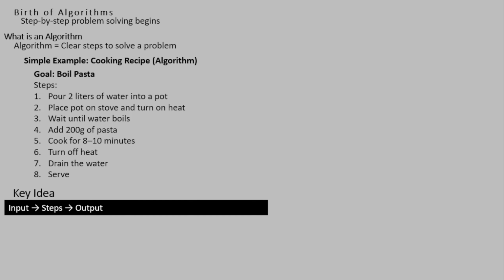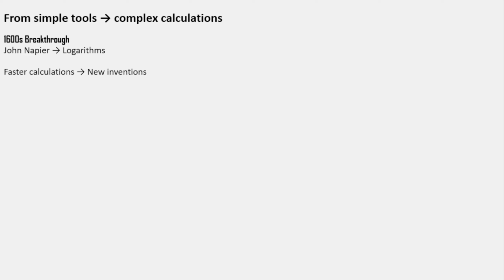So whenever you hear the word algorithm, think of it as a step by step process for solving a problem, right? As problems were getting more and more complex, people started looking for ways to make calculations faster and reduce human errors.